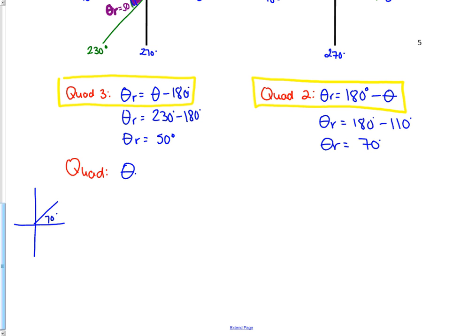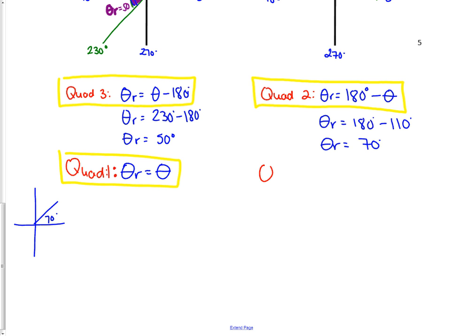In quadrant 1, rotation angle and theta are the exact same thing. Because we always want the angle touching the x-axis. Well, that is the angle touching the x-axis. So in quadrant 1, oops, I forgot to say the quadrant. Let's write 1. Quadrant 1. Now it looks like a sideways base, but anyways. Okay, so quadrant 1 is the same.